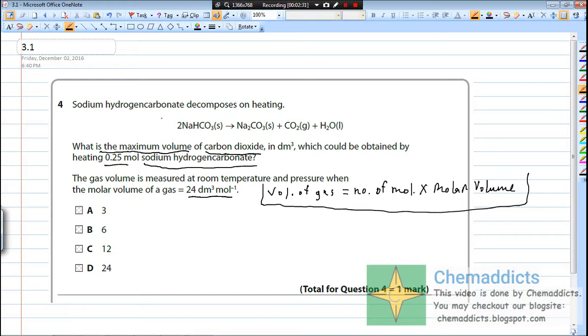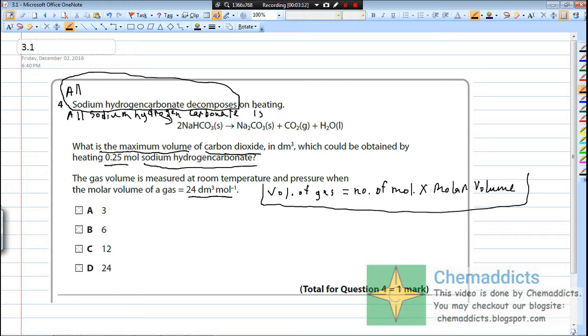Okay, so there is one thing that we need to know, that all sodium hydrogen carbonate is decomposed. Okay, all sodium hydrogen carbonate is decomposed. Okay, all. So this is the assumption over here.